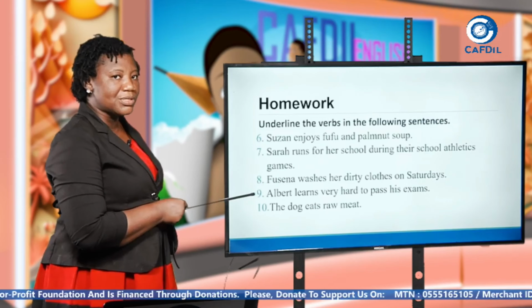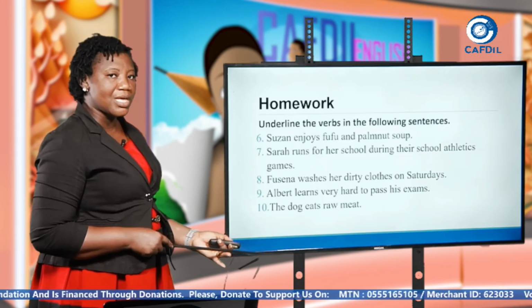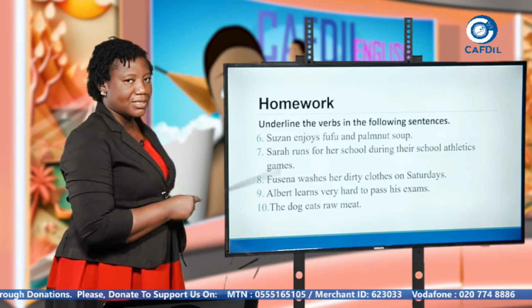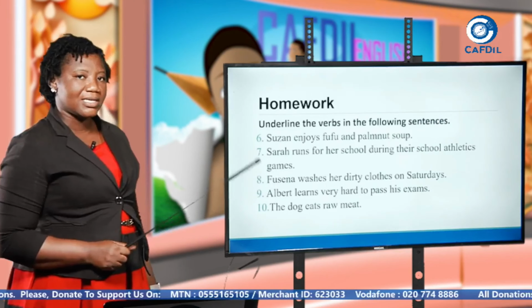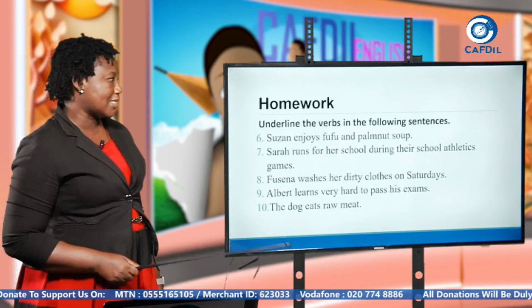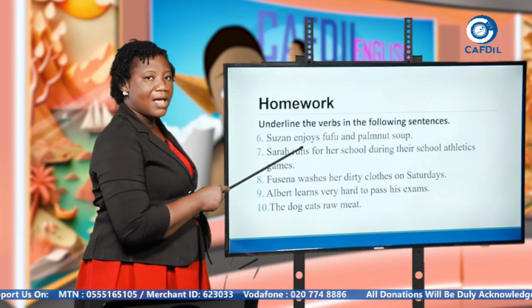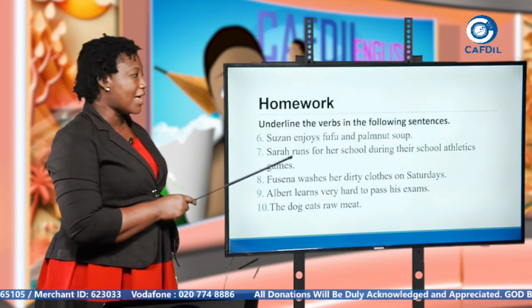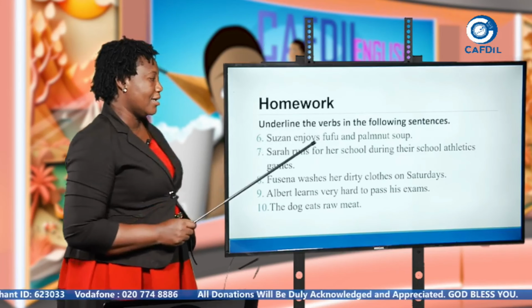We are not using I, we, you, and they. We are using names. And as you look at the sentences, you will notice that the verbs have something at the end.